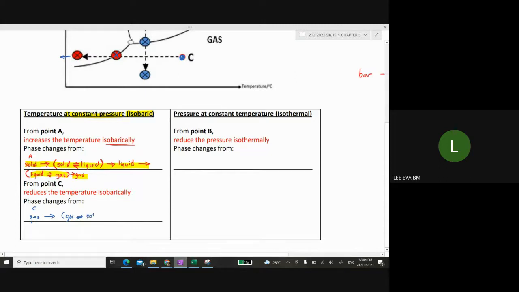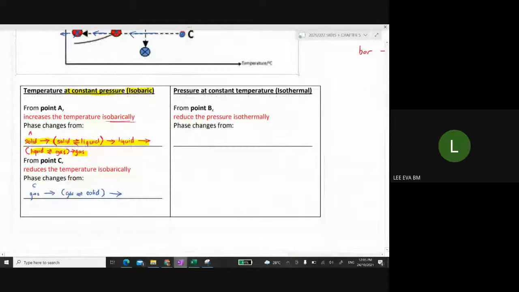Gas and solid in equilibrium. If you want to write solid and gas, solid first and then gas, no problem. But you need to recognize what phase you have at that point. Then we go towards the next one, the last point over here, from the right hand side to the left hand side, because it reduces temperature again. Solid.